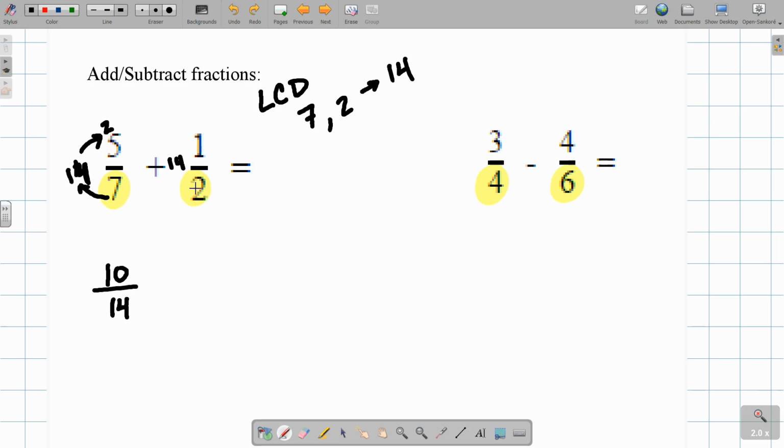Put a little baby 14 here. 2 goes into 14 7 times. 7 times 1 is 7. Excuse me, that's a plus sign there. Then you simply add the numerators, and we get 17 over 14. And that is our final answer.